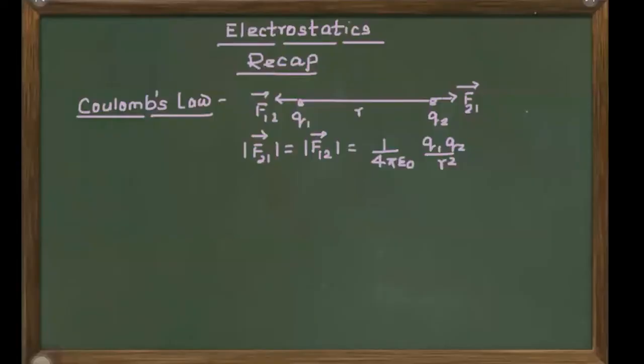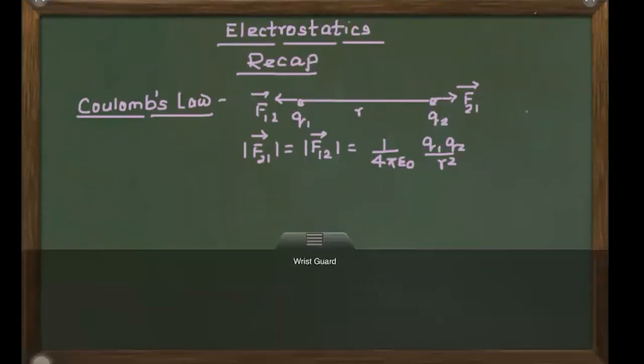Friends, good afternoon. In the first class of electrostatics, we have gone through some concepts. The most important concept which we studied that day, I'm going to recap. This was Coulomb's law.